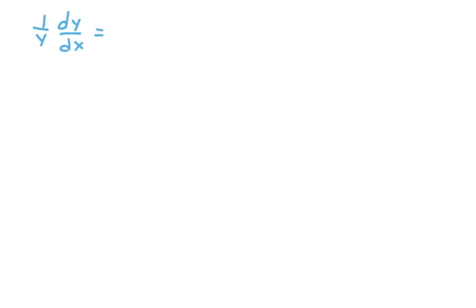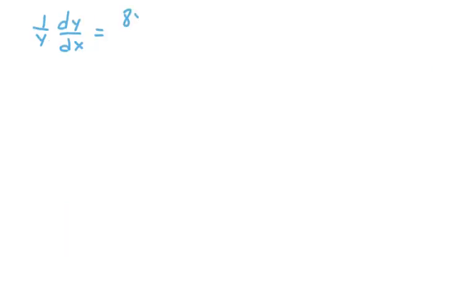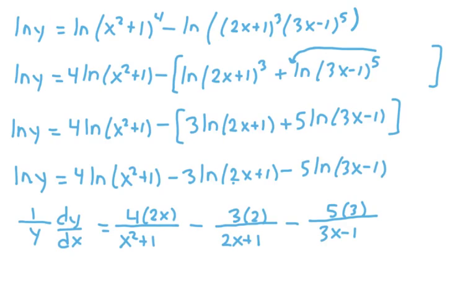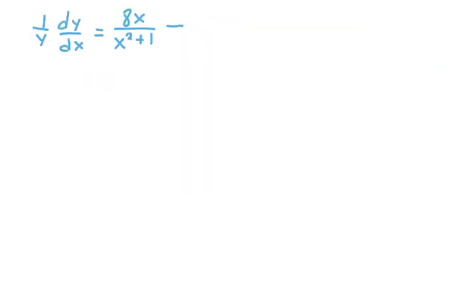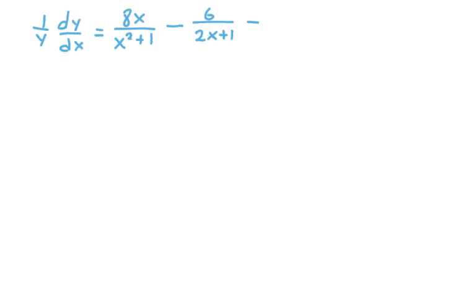Now, I'm going to get 8x over (x squared plus 1) minus, and then I'm going to get 6 over (2x plus 1) minus, and then from here, 5 times 3 is 15, so I get 15 over (3x minus 1).